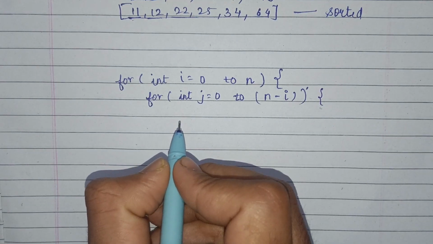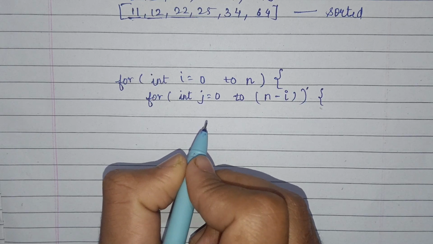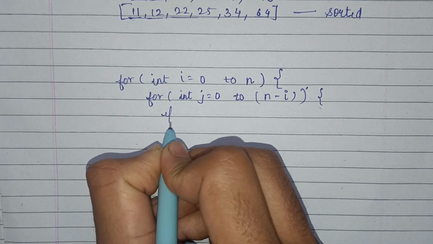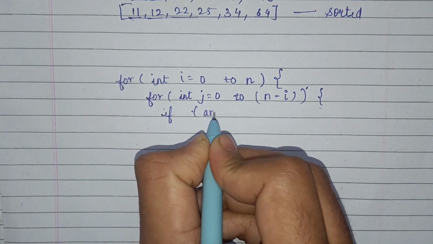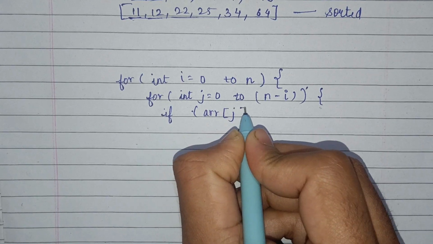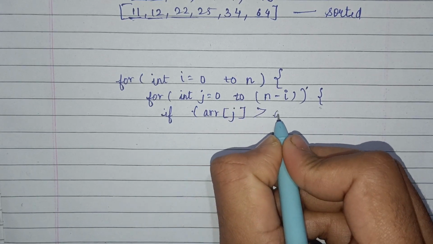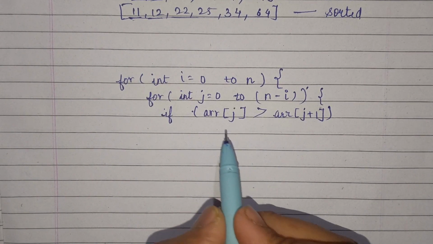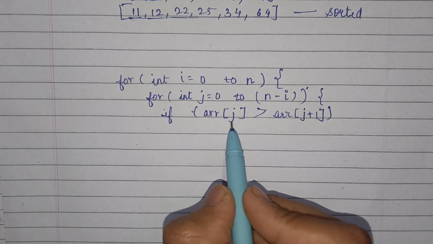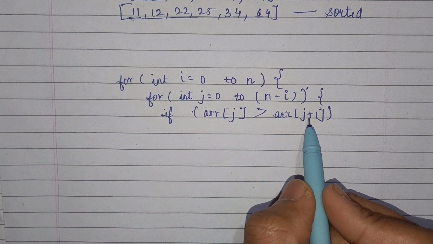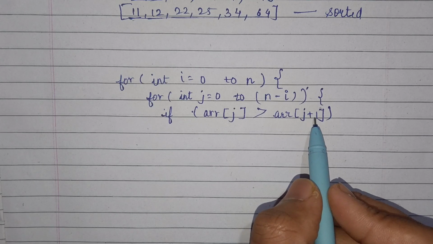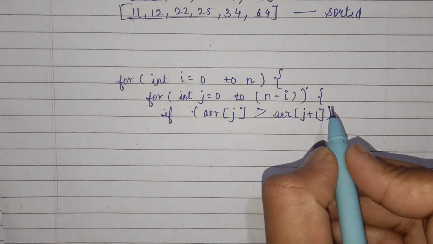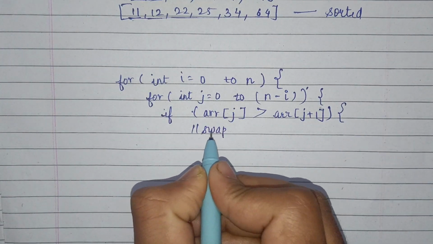So in this we have to swap our elements. Here we will write a condition: if array of j is greater than array of j plus 1. So if the first element here is greater than the second element, then the swapping condition will be applied. So here we will swap our elements.